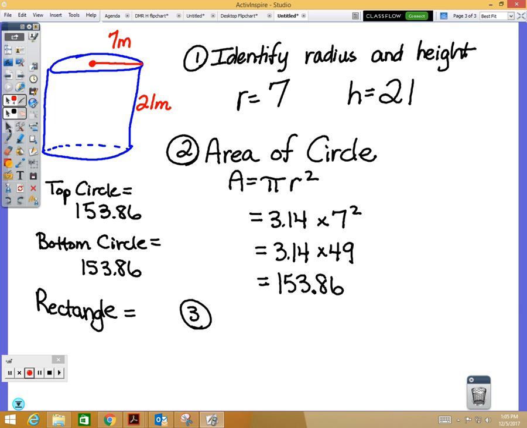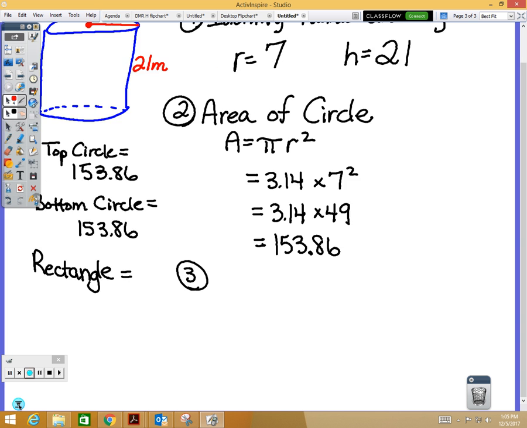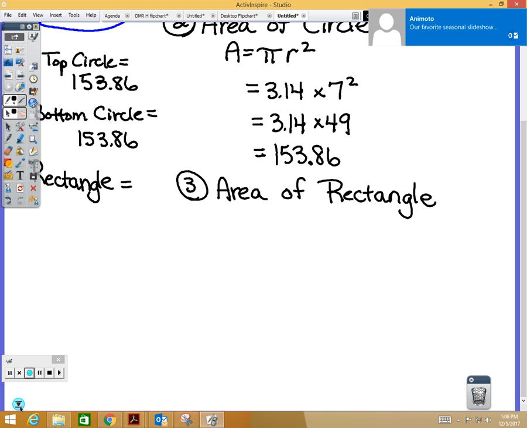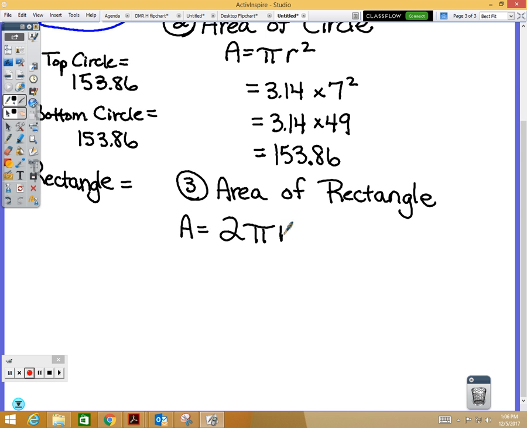So when we're doing step 3, the area of the rectangle, again, step 3 is area of a rectangle. The area is going to be the circumference, which is 2 pi r, that's the circumference, times the height, which would just be h.